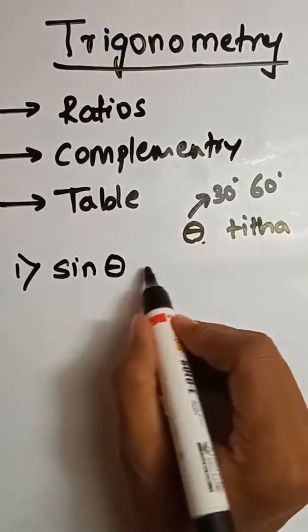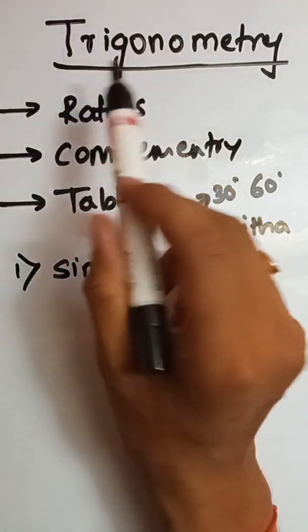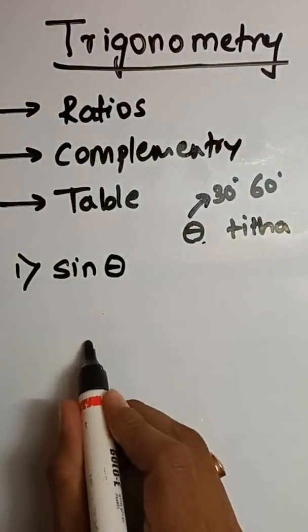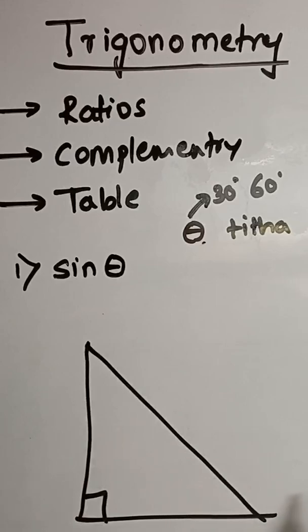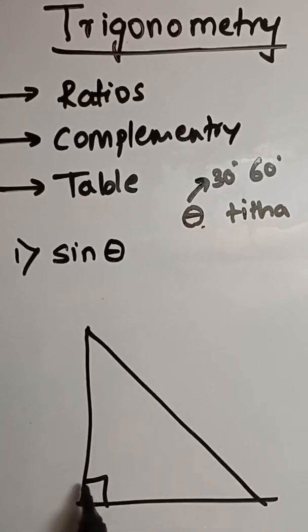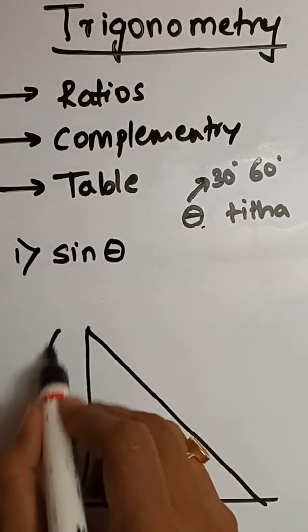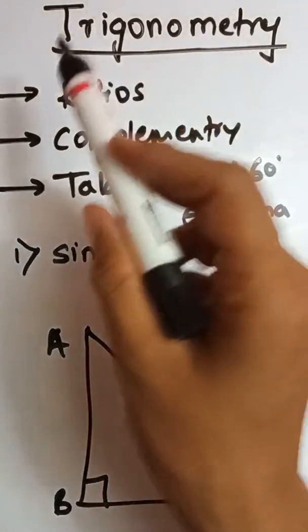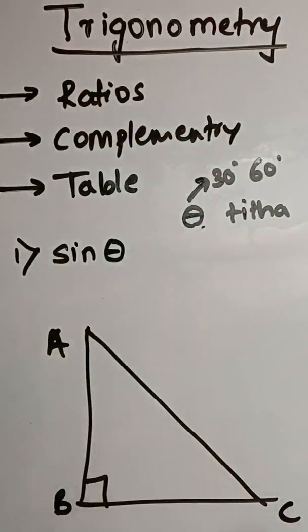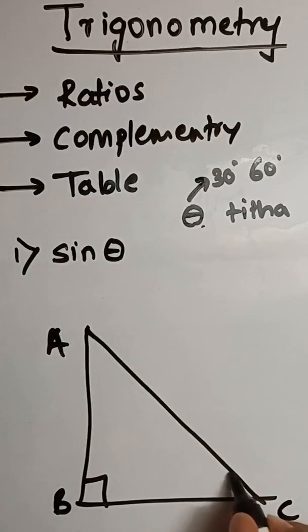Sine theta. For the formula for sine theta, see, the trigonometric ratios are applicable only in right angle triangles. Let's say this is a right angle triangle, 90 degrees, triangle ABC. So let's say this angle is theta.